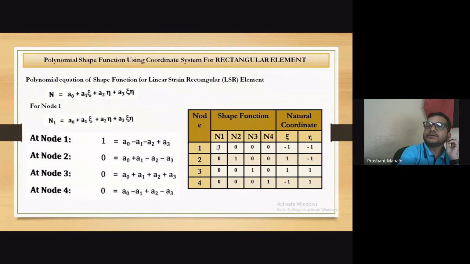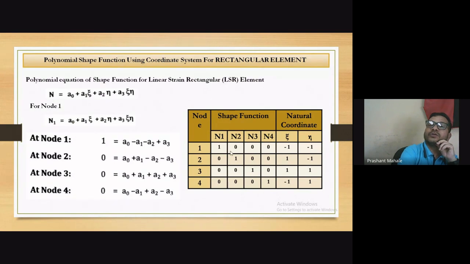You can see here, n1 is 1, and a1 as it is, but the value of zeta for node 1, in the first row, is -1 and the value of eta is -1. So I put zeta -1, eta -1, and I reach this equation: 1 is equal to a0 minus a1 minus a2 plus a3.